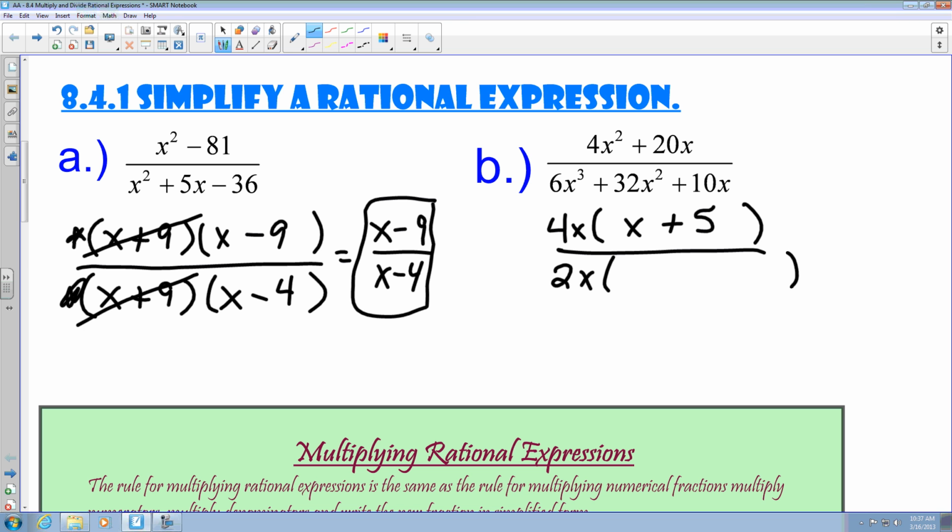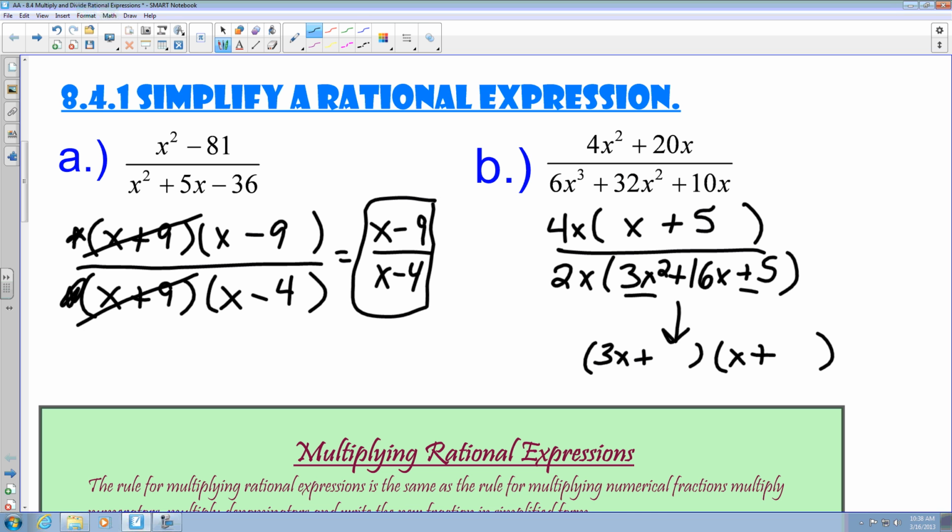Then in the parentheses is 3x squared plus 16x plus 5. From here, I'm going to move that down because I can factor this further. This is a prime number, so I can just say 3x and x. This plus sign tells me the signs inside are going to be the same, both positive.